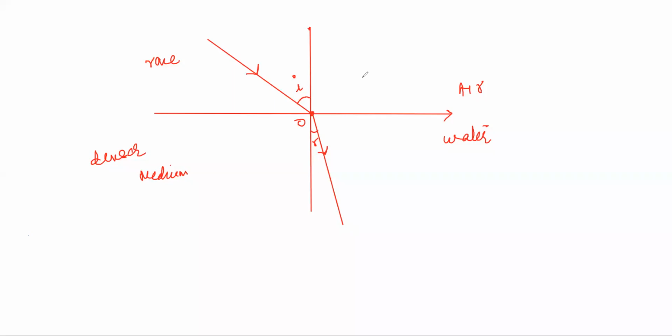The first one, which is most apparent around us, is real depth and apparent depth. I'm taking a simple example.